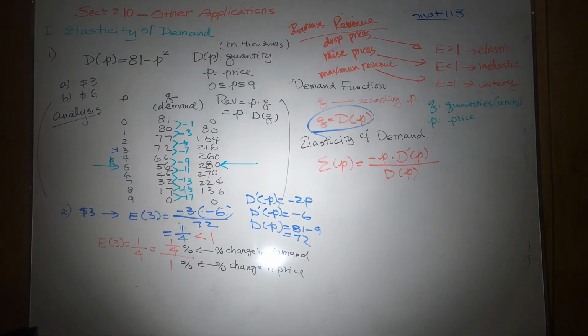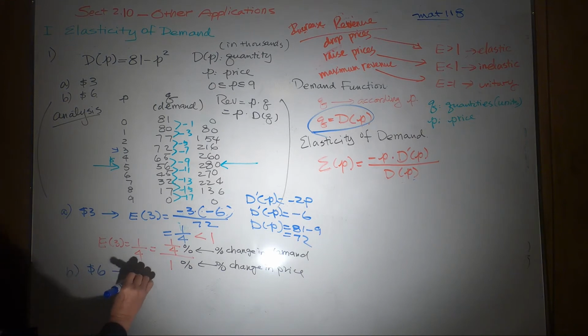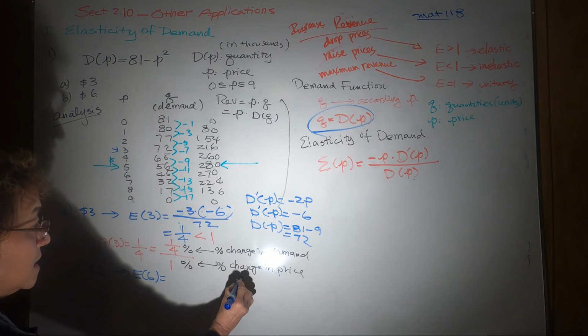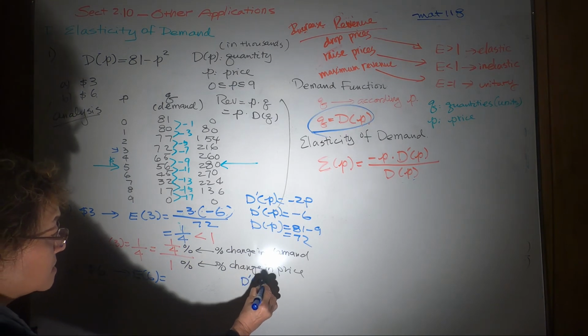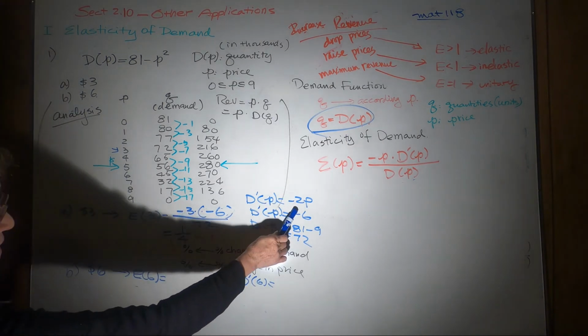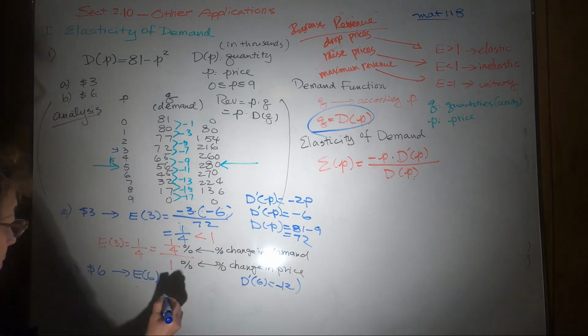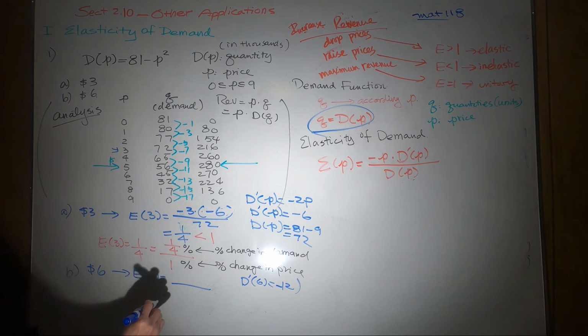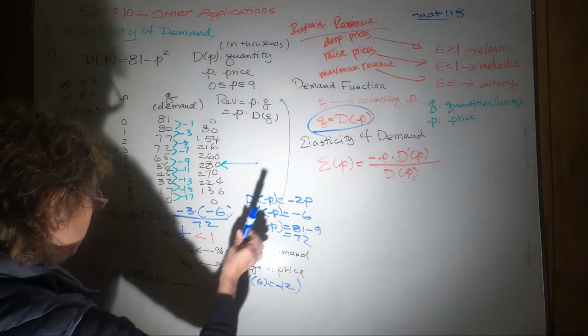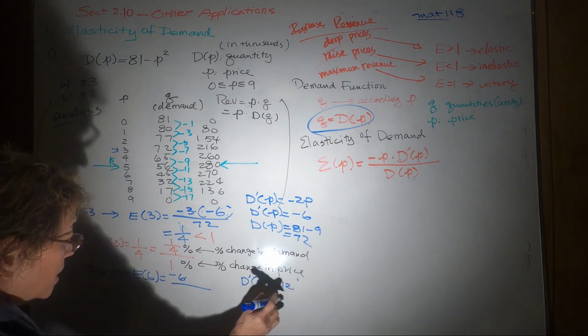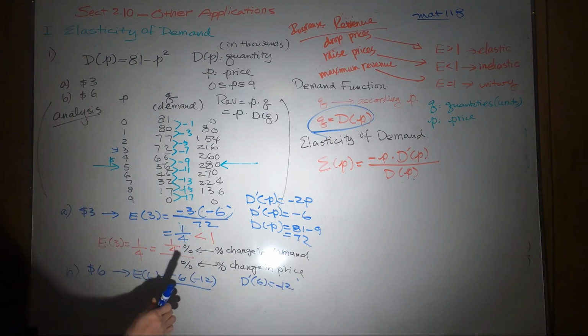So if you look at the next one, if at $6, so you plug in 6, right? So D prime 6 would be plugged in here, right? Would be what? Negative 12. So that would be negative 6 times what? Negative 12, right?